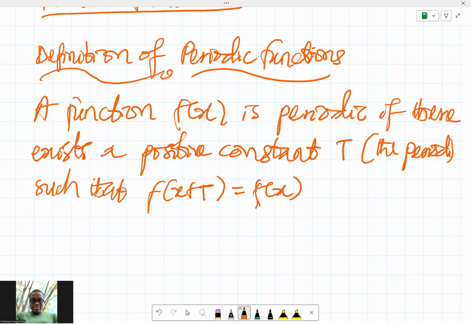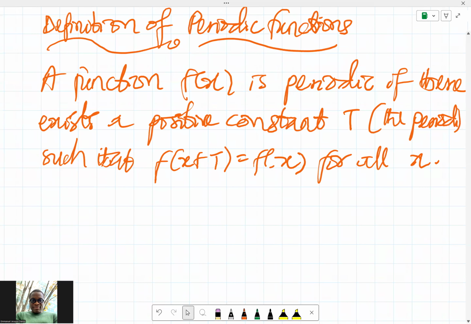If this is possible, then we can say that the function is periodic. That is, f of x plus T is equal to f of x, and that happens for all values of x.